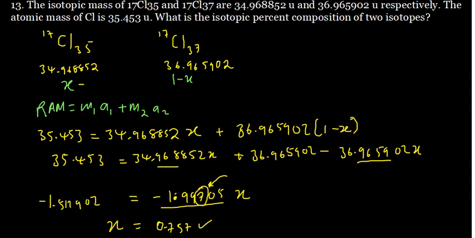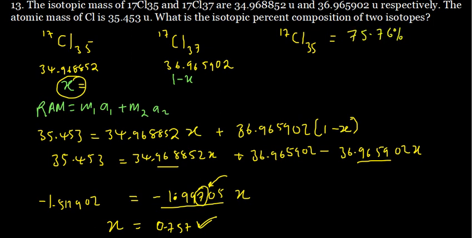So meaning that for the abundance for this chlorine, we can now write the final answer. The abundance of 17 chlorine with a mass of 35 is going to be 0.75, because that is x. Now this is a decimal. As a percentage, multiply this one by 100. So this same value as a percentage is 75.76%.